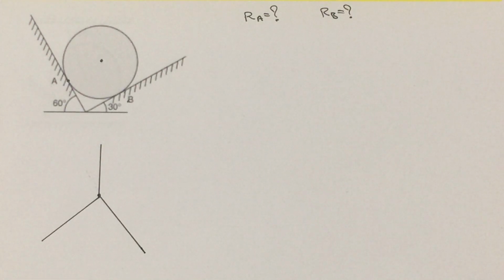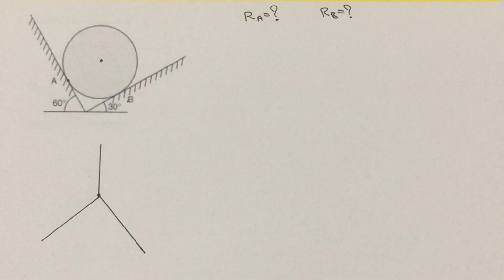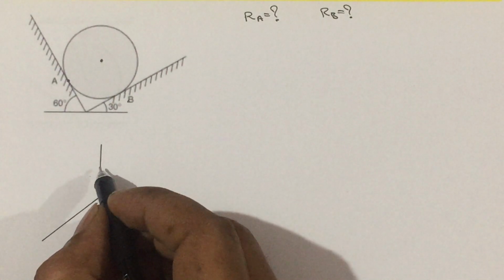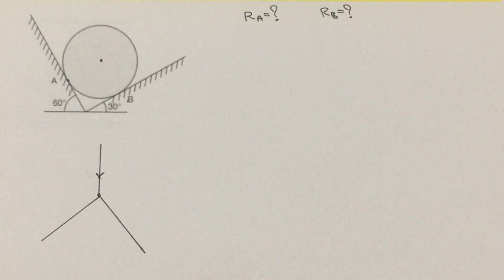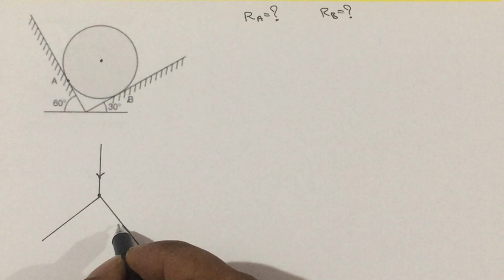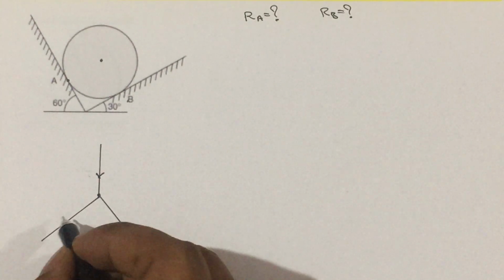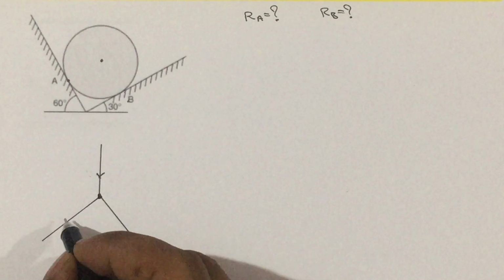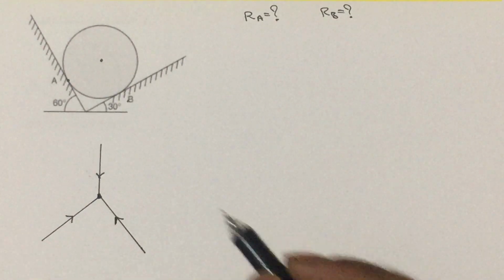Once it is done, point is over, line is over, then what we need? Then direction. Here the weight line always acts vertically downwards. Then these 2 are compression reactions. I already said compression will always act towards the point. This is the point. Towards the point the reaction is going to act.